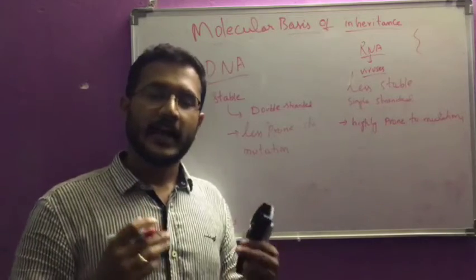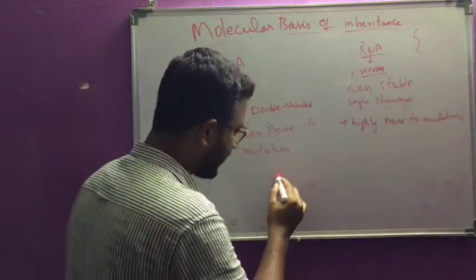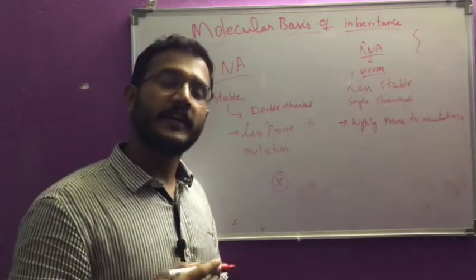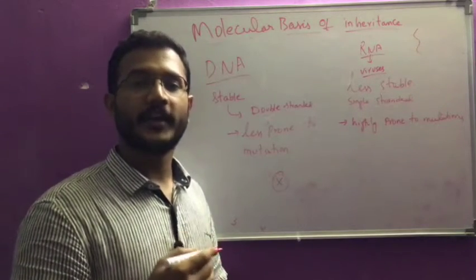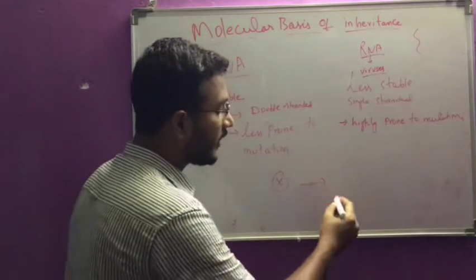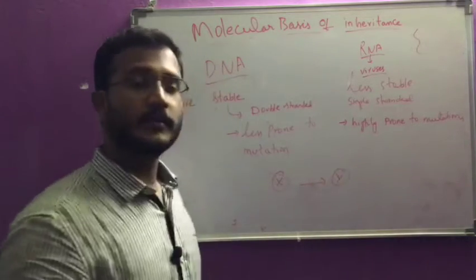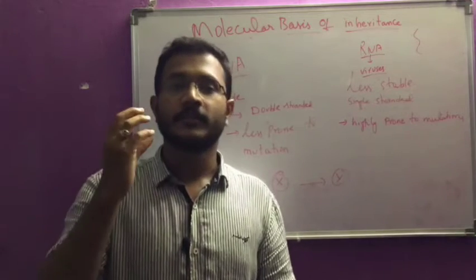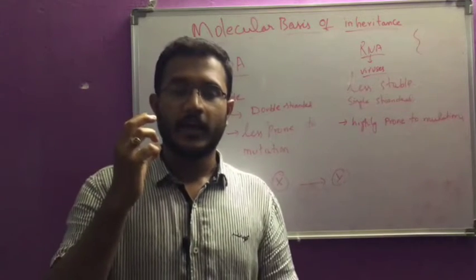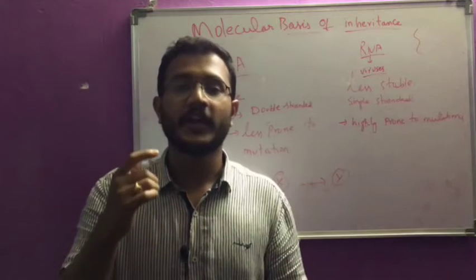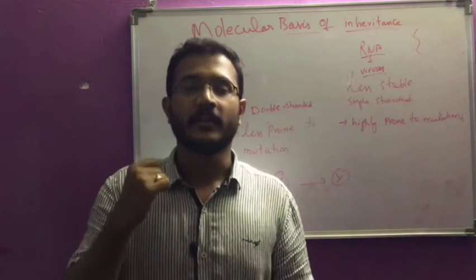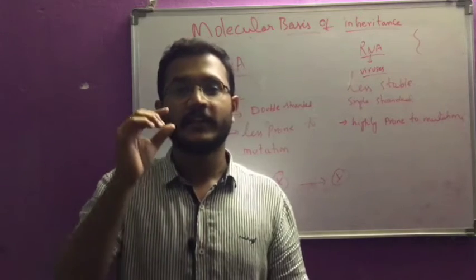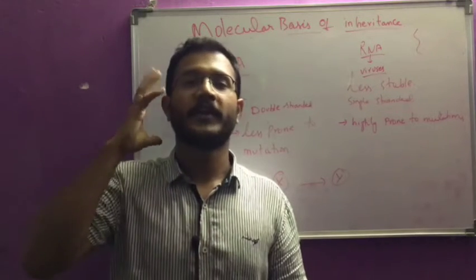In my generation, I have X type of genes, and if it is mutated quickly, my son or my daughter will get Y characters. For example, the genes which regulate the size of an ear, if they mutate, the next generation will have a very small ear or a very big ear.